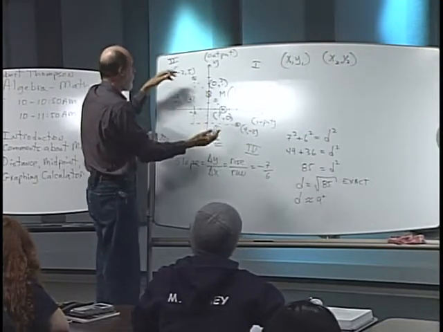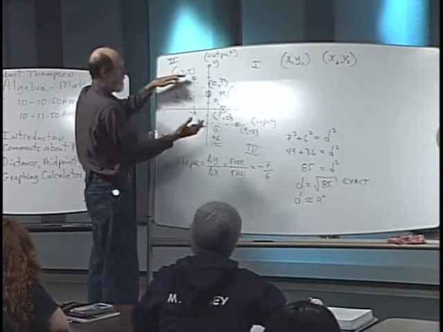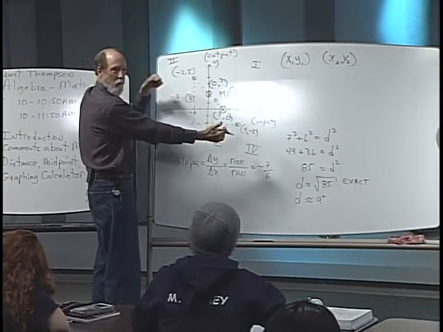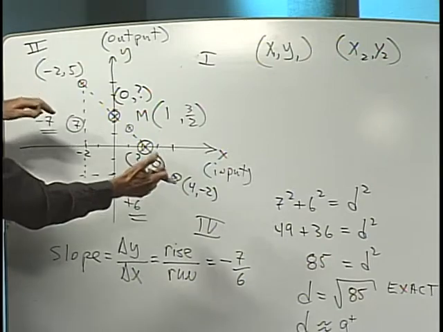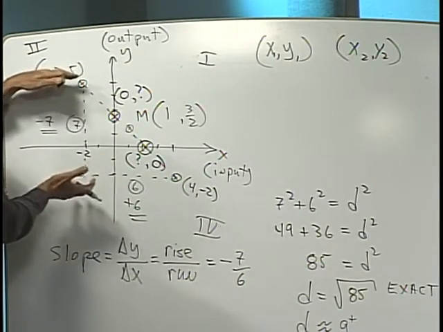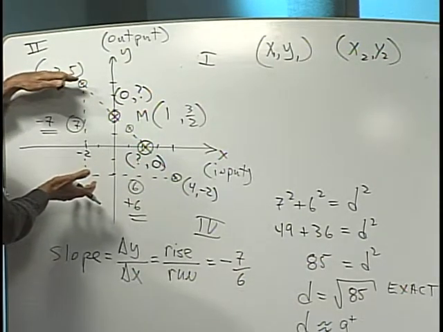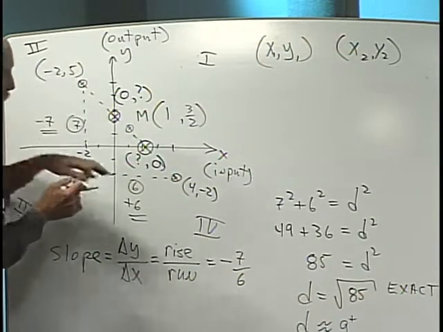Well, what we are doing is we're finding the difference between the x coordinates and squaring them, and we're adding to it the difference in the y coordinates and squaring them, and then we square root that result.